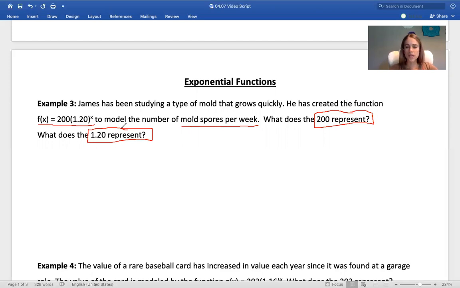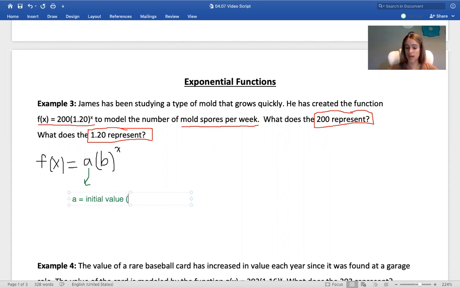Now, one thing that's going to help me with this is remembering the generic form of an exponential equation. The generic form of an exponential equation is f of x is equal to a times b raised to the power of x. When we reviewed this in one of the prior videos, we refreshed our memories that a is always our initial value.